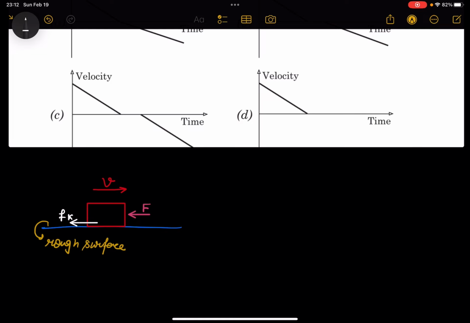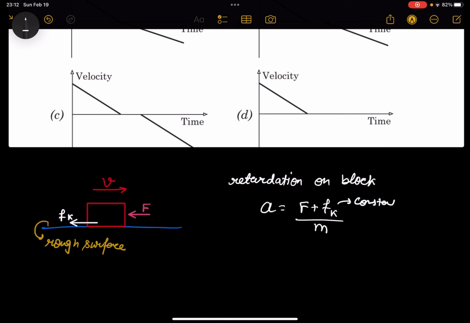So the retardation on the block is a equals F plus f_k by m. Because of this retardation, the velocity continuously decreases. And f_k is also constant.